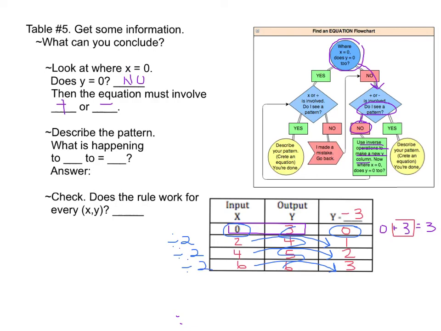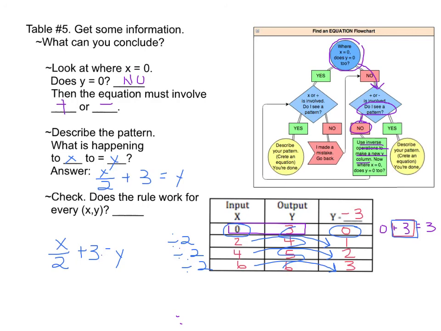So that tells me for this equation that first x is being divided by 2, and then we had that second part where it added 3 to equal y. So what is happening to x to equal y? We're saying it's being divided by 2, then we add 3. Now we just have to check and see if the rule works for every x and y.